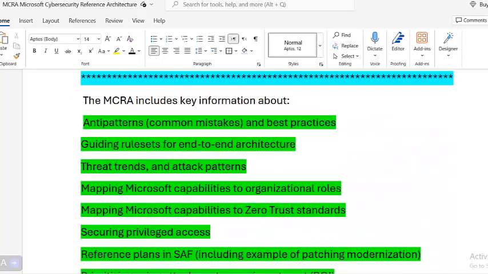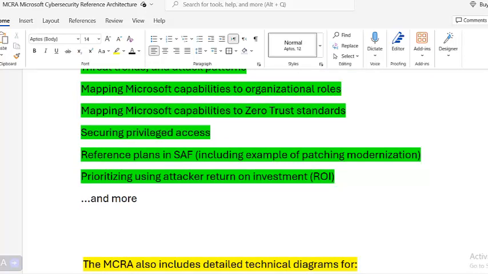The MCRA includes key information about anti-patterns, common mistakes, and best practices, guiding rule sets for end-to-end architecture, threat trends, and attack patterns, mapping Microsoft capabilities to organizational roles, mapping Microsoft capabilities to zero trust standards, securing privileged access, reference plans in SIF, including example of patching, modernization, prioritizing using attacker return on investment, and more.